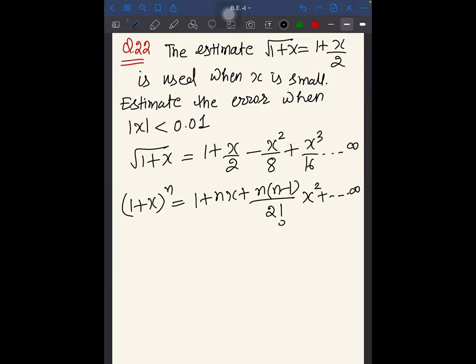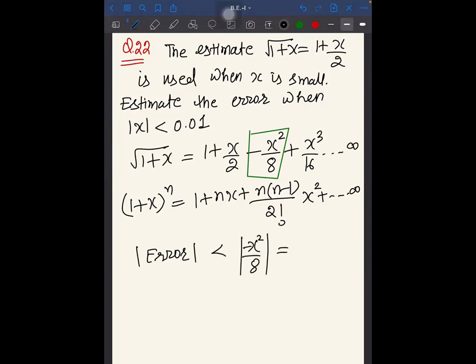So again, your first unused term is what? Mark your first unused term. Minus x square by 8. Yeah, but we always take the mod of that, so we don't care about the sign. So that is error which will be less than x square by 8.